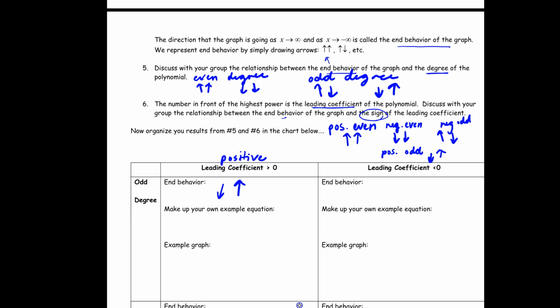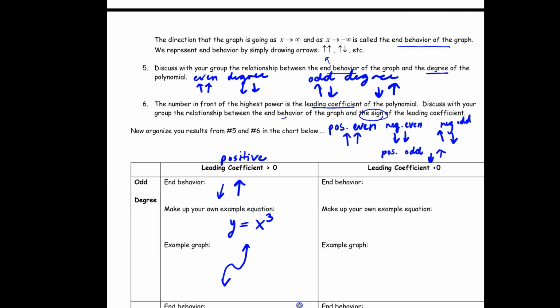Here's the example I always think of: y equals x cubed. Is that an odd degree? Does it have a positive leading coefficient? So what does the graph look like? You guys know this, you were just tested on it. It goes down, up. Now the nice thing is as you work into higher powers, like the 5th power, the 7th power, the 9th power, the 11th power, if you have a positive coefficient, the ends of the graph will behave in the same way.